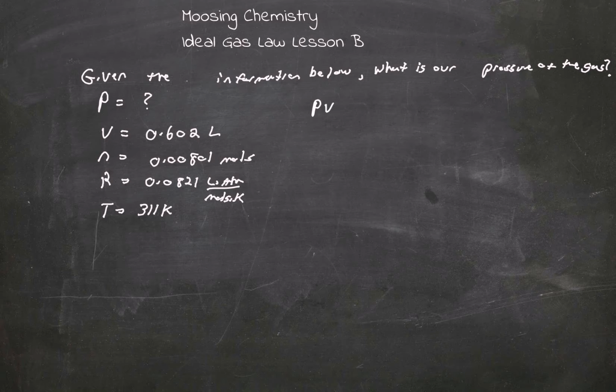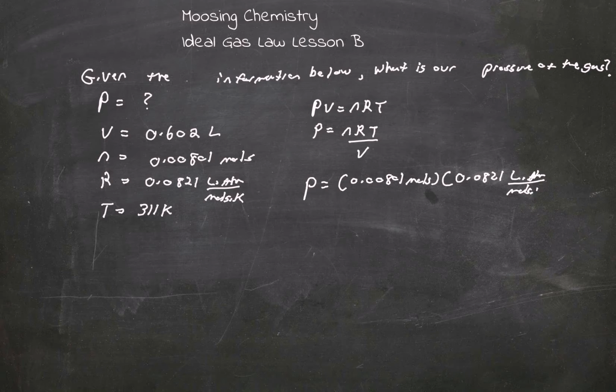So we know that PV equals nRT. So we're looking for P. So P equals nRT over V. Okay, good. That's going to be easy. So we're going to go 0.00801 moles times R, 0.0821 liters times atmospheres over moles times Kelvin times temperature, which is 311 K, divided by our volume, which was 0.602 liters.